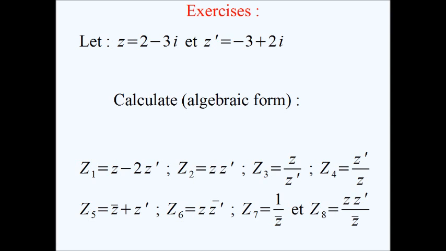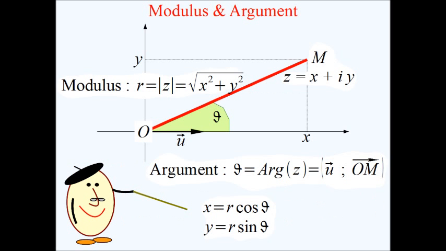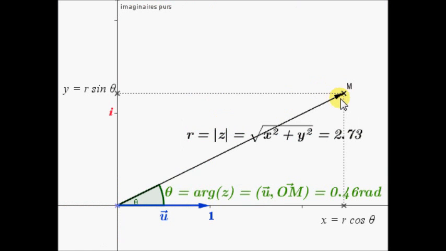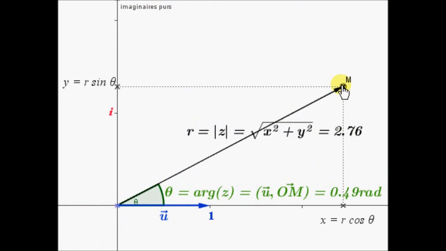And now we see the modulus and the argument of a complex number. The modulus is the distance between the number and the origin, O. And the argument is the angle between the reference vector u and the vector OM.